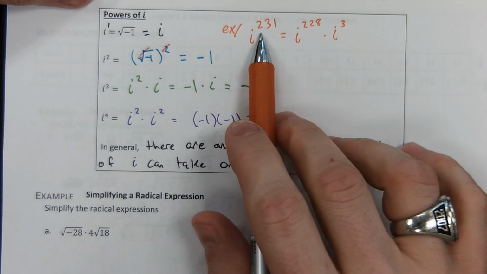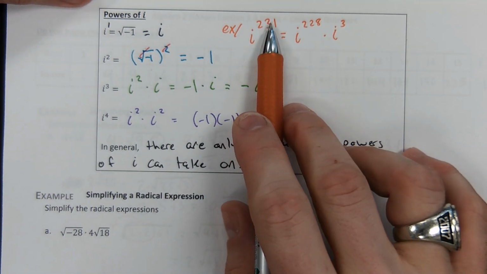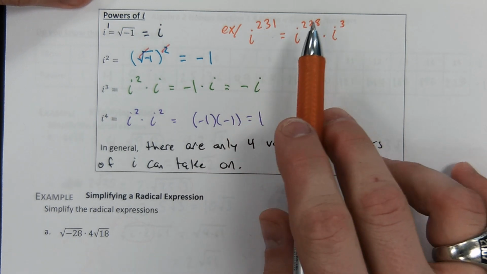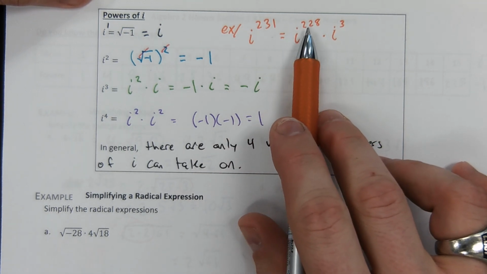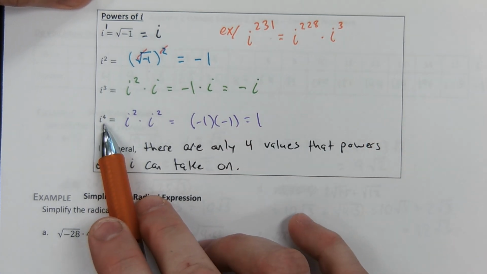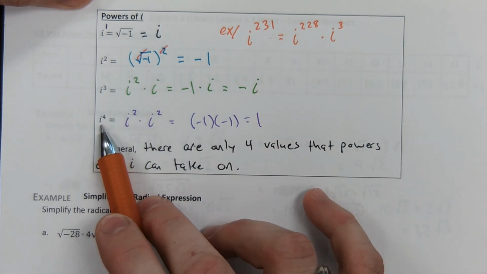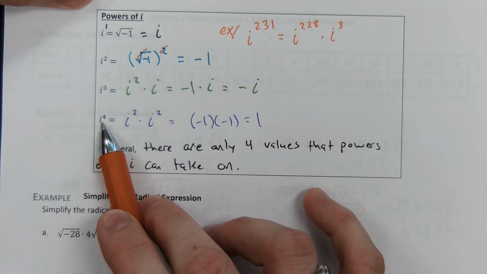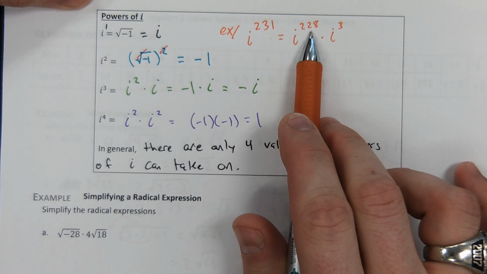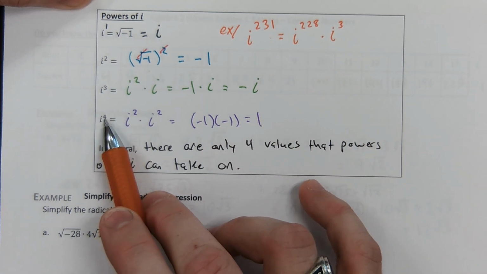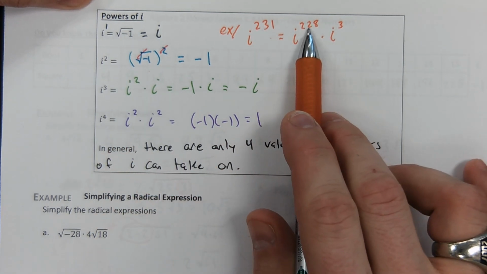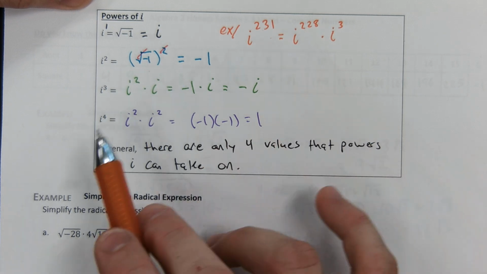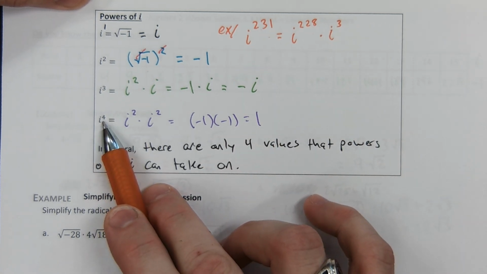See, if I had divided this by 4, the remainder would have been 3. This is just a whole bunch of these. It's a lot of them. Looks like 57 of them. This number right here, 228, is 57 times 4. So i to the 228 is literally 57 i to the fourths, all multiplied to each other.